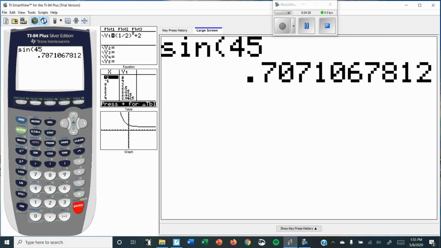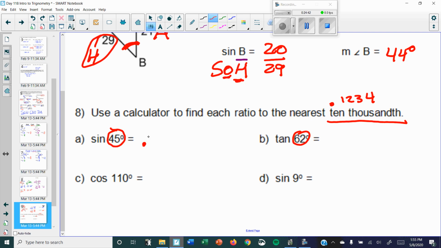So if I need 4 decimal places, we're just going to write 0.7071. Again, if you turn that into a fraction, while it wouldn't be exact, that's kind of like what the decimal versions are of the fractions that we've been getting. If you divided those fractions, they would be pretty close to these things.